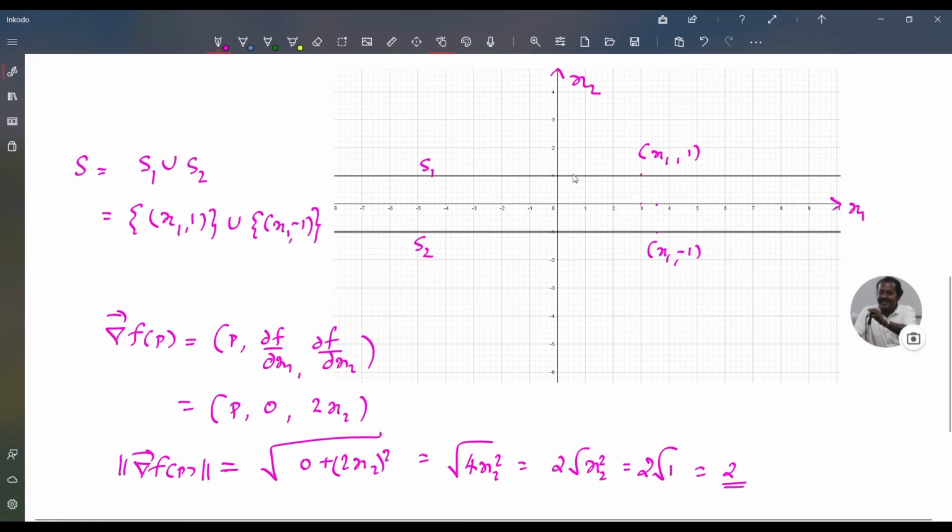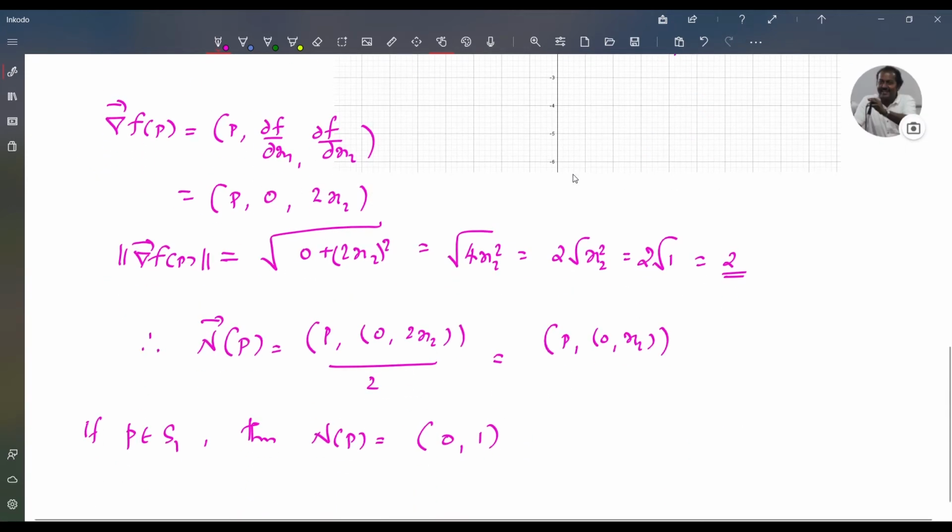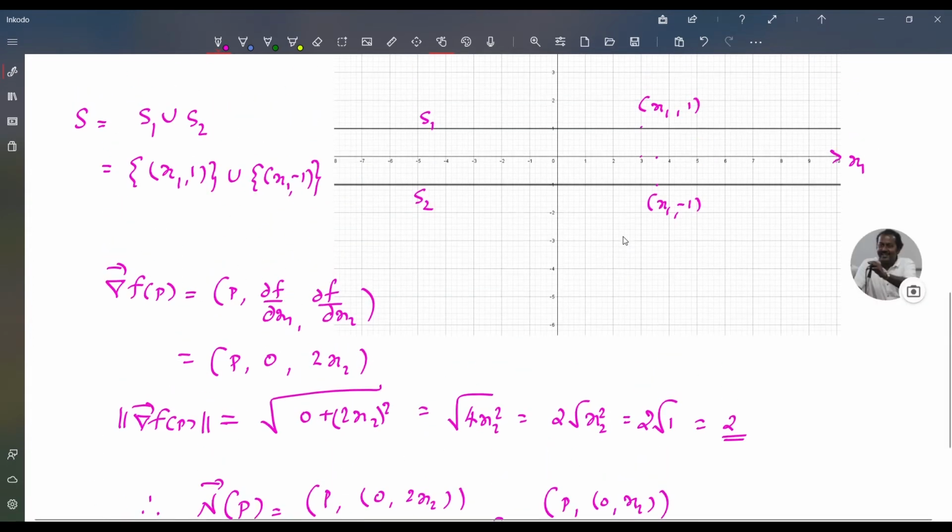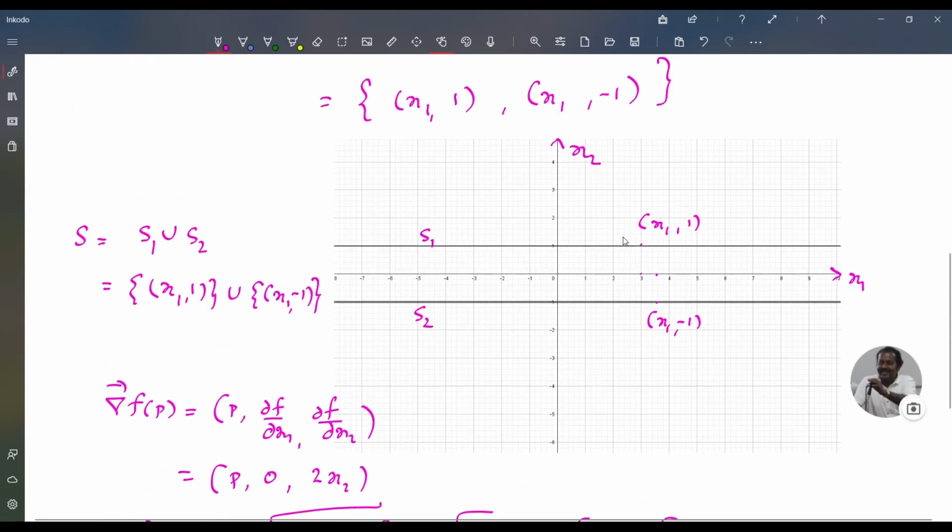If p is a point here, and if p belongs to S2, then n of p is (0, minus 1). So if p is a point here, then you know that n of p is (0, 1). (0, 1) is this vector.